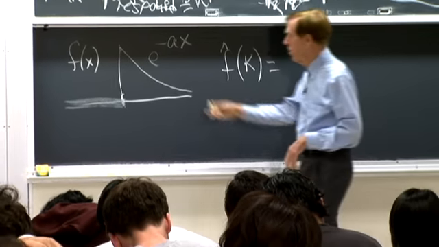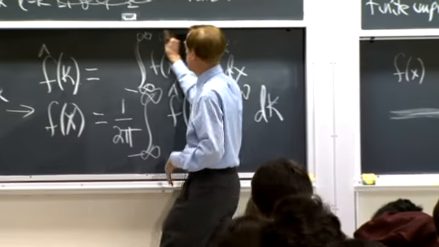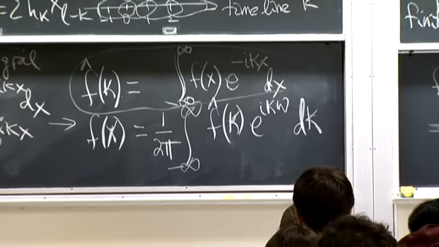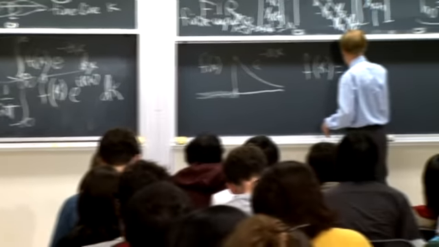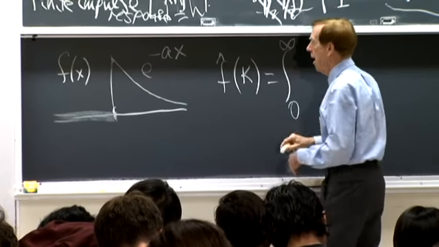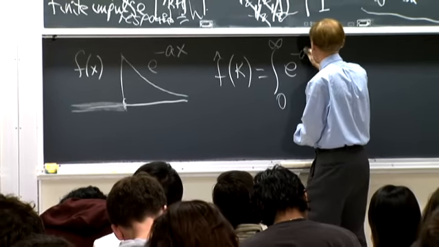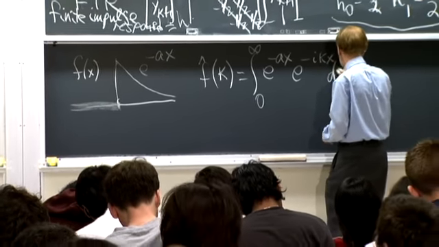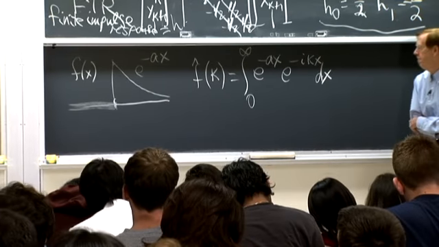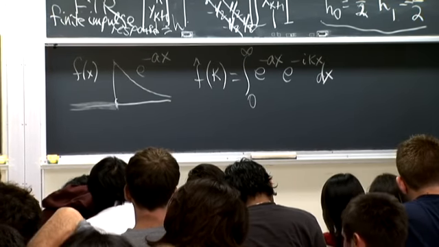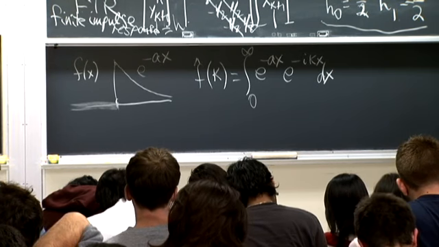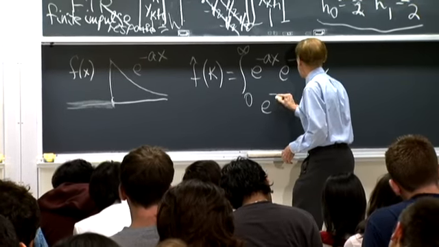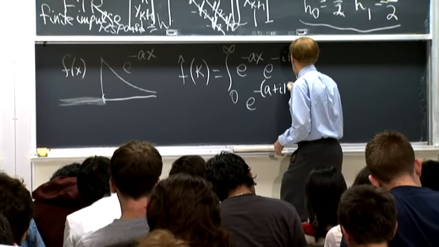I'm just doing this integral for practice. Okay, so f is 0 in the first half, so I really only integrate 0 to infinity. And in that region, it's e to the minus ax, and I multiply by e to the minus ikx, and I integrate dx. This is an integral we can do. It's easy because this is e to the minus (a plus ik) times x.